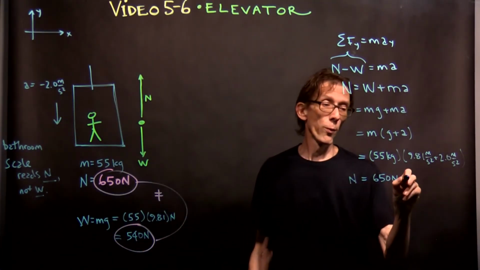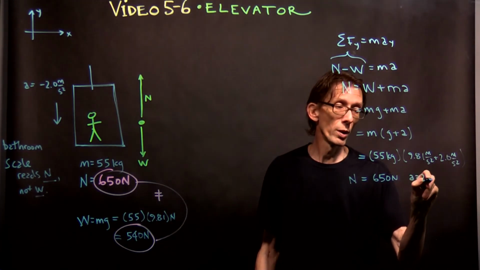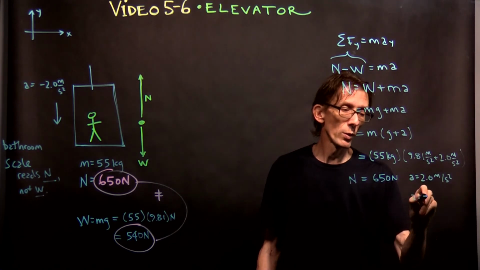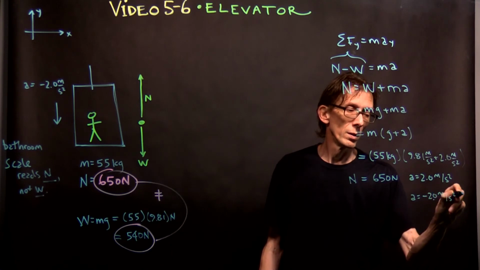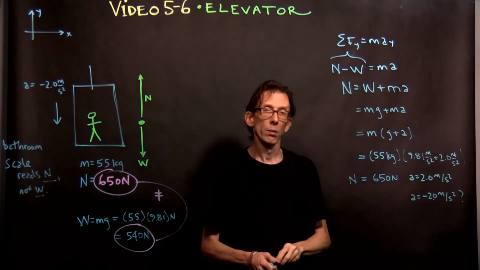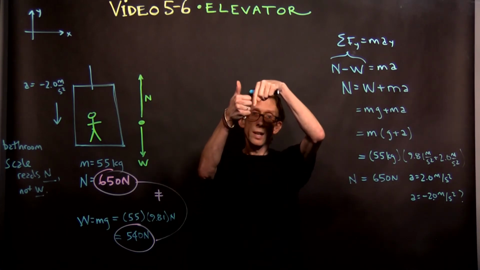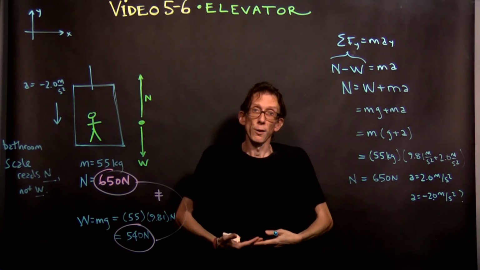So your normal force is 650 newtons when acceleration equals 2.0 meters per second squared. But what about if acceleration equals negative 2.0 meters per second squared? And you're moving upwards, but you're slowing down, so the acceleration is down. It's stopping you. And your stomach feels light and a little bit funny.